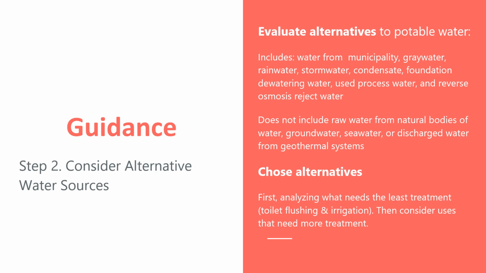However, this does not include raw water from natural bodies, groundwater, seawater, and water discharge from geothermal systems. Next, you must choose alternatives. It's recommended that these alternatives are chosen by first analyzing what needs the least treatment in the building. This includes toilet flushing and irrigation.